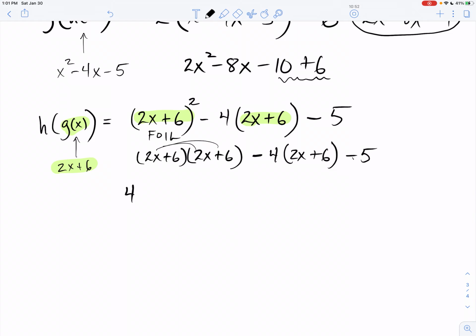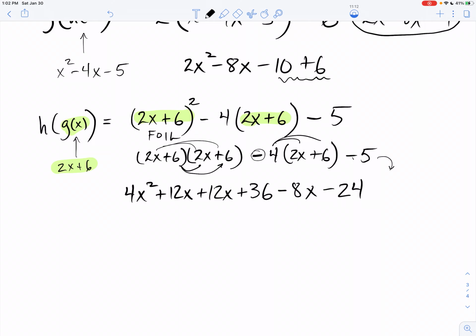I got to go 4x squared plus 12x. There's another 12x. There's 36. I have to do all that. Then I have to go, minus. Well, wait, the negative comes with that 4. So minus 8x minus 24. And then last but not least, minus 5. And now I got to put all this stuff together. So don't tell me you can do this in your head. If you can, you have an enormous head. All right, 4x squared.